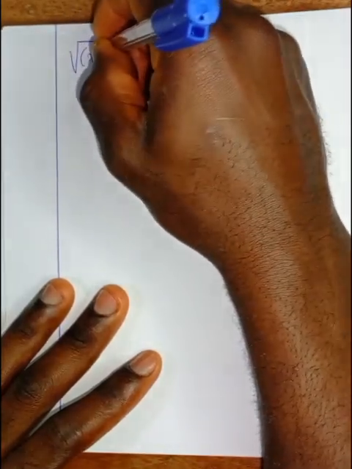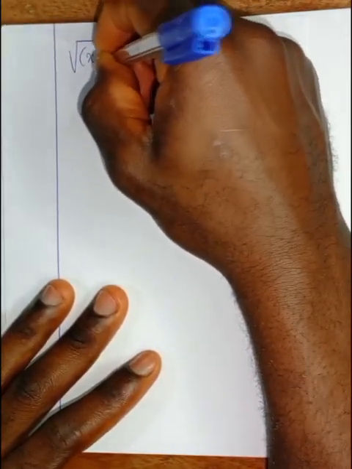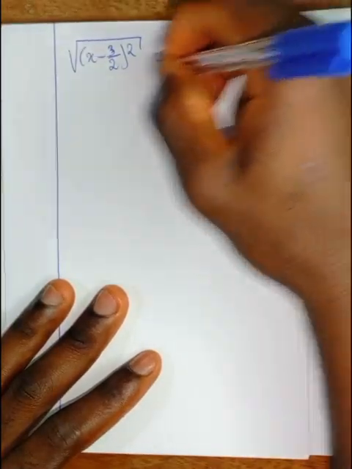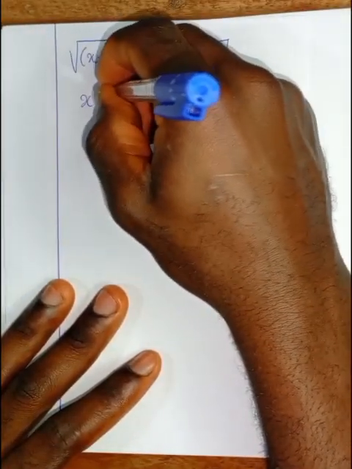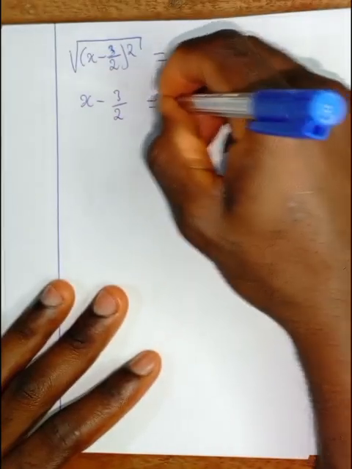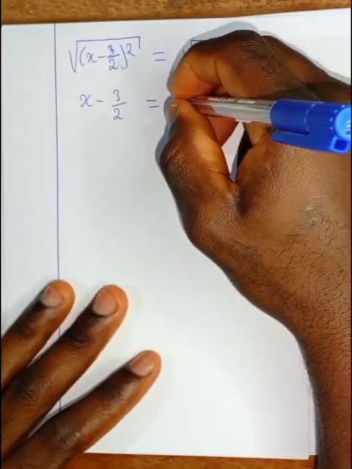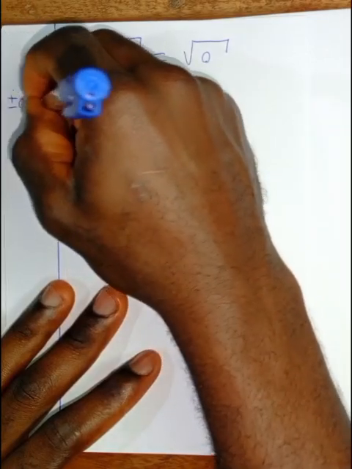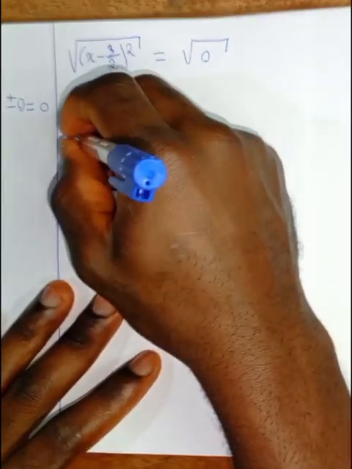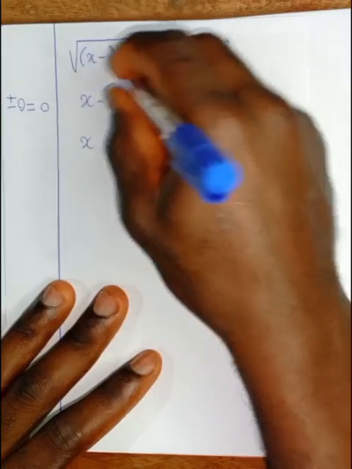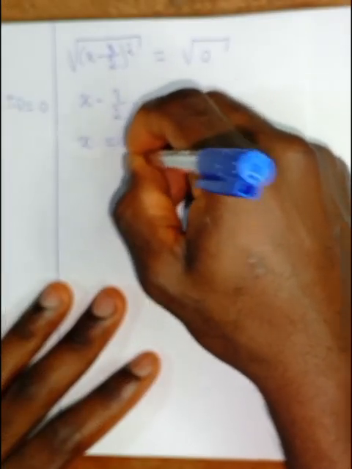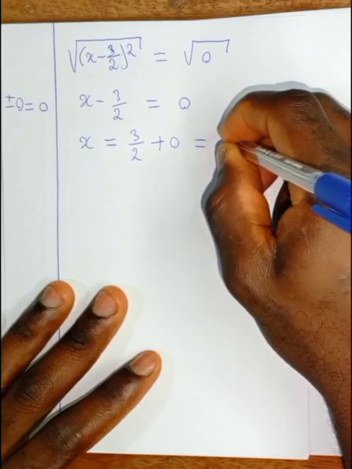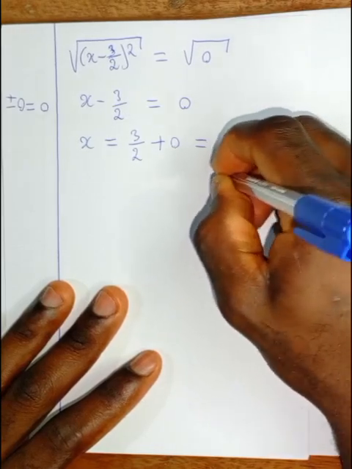The square root of x minus 3 over 2, all this squared will simply be equal to the square root of 0. This will give us x minus 3 over 2 to be equal to 0. We know 0 is a neutral number, so if you take plus or minus 0, it remains 0. And this will give us x to be equal to 3 over 2 plus 0, which is simply equal to 3 over 2.